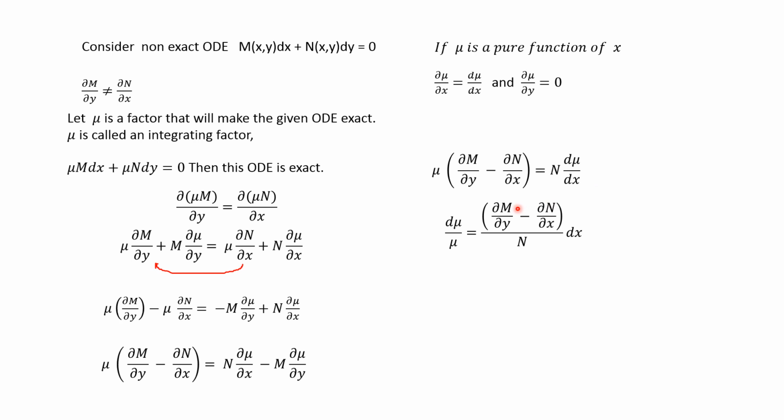Now, this is a variable separable equation already. Dividing by mu and N, this becomes d mu over mu is equal to the partial derivative of M with respect to y minus the partial derivative of N with respect to x, divided by N. Now we can integrate if we let the partial derivative of M with respect to y minus the partial derivative of N with respect to x, over N, be a pure function of x.